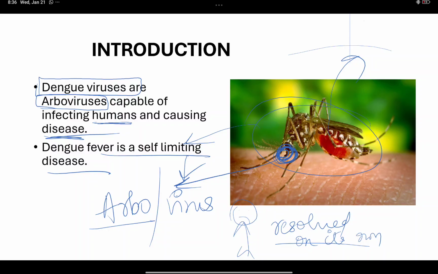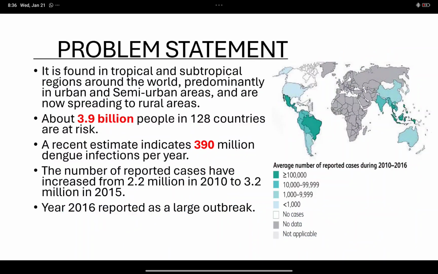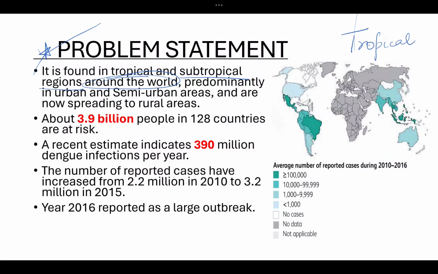Now the next heading is the problem statement. It is found in the tropical areas and subtropical regions all around the world. In the problem statement, you are going to write that it is found in the tropical and also the subtropical areas.